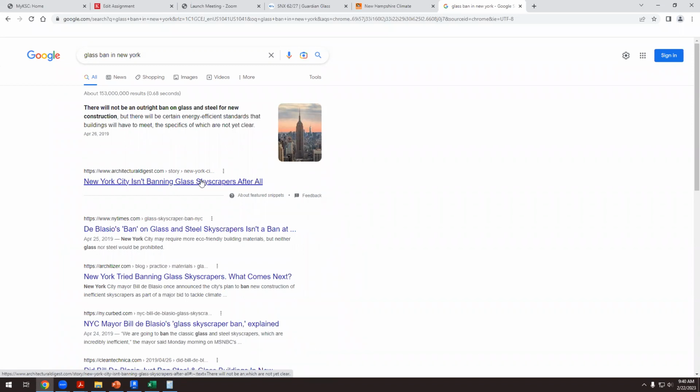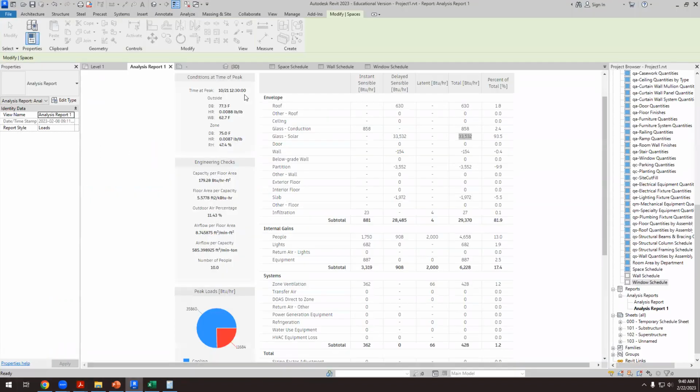Well, it's not like banning glass, so you can't use glass in skyscrapers. No, but they have limited the area, or they want to limit the area to 30%. Again, if we analyze reports, and I told you weeks ago, glass is, in terms of the peak load, the biggest problem that we have in buildings, especially for cooling.